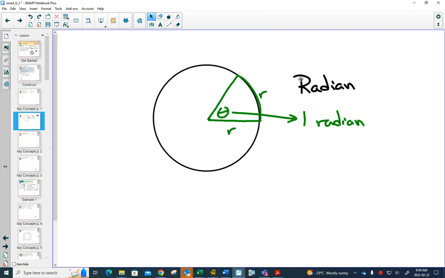Now, to give you a visual of approximately how big a radian is compared to degrees, I've got a little cardboard triangle here where supposedly all the sides are the same. Do you know the name of this triangle? It's got a special name when they're all the same.